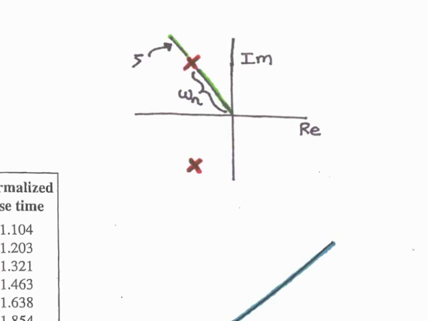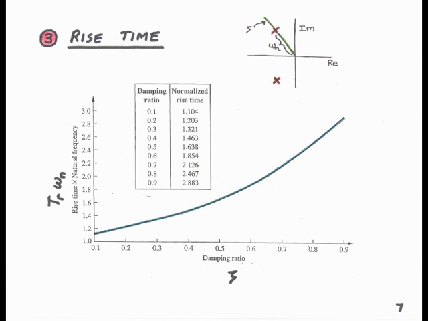And we learned previously that zeta corresponded to a line emanating from the origin in the complex plane at a certain angle from the real axis. So, we can now make the relationship between rise time and zeta and omega n, that is between rise time t sub r and pole location.